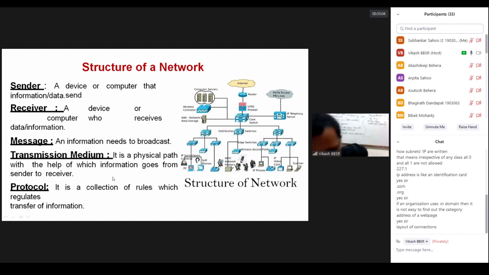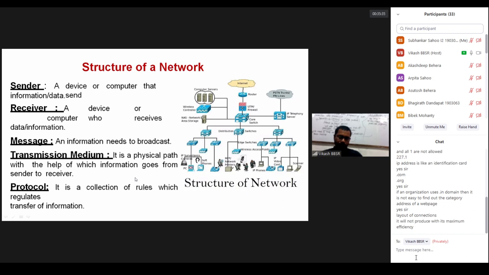If proper management and proper arrangement of connections is not there, what is the problem? Yes, a network connectivity problem.